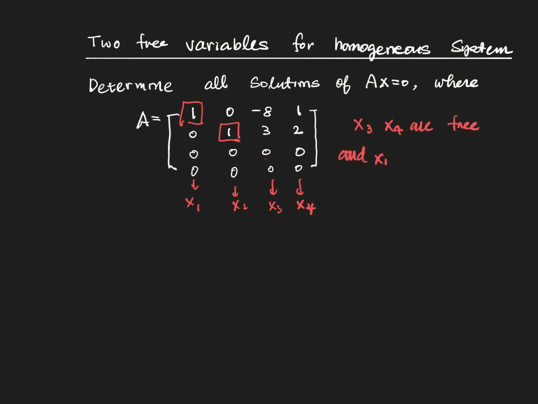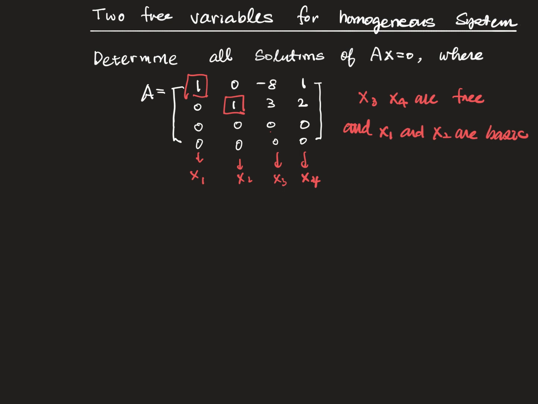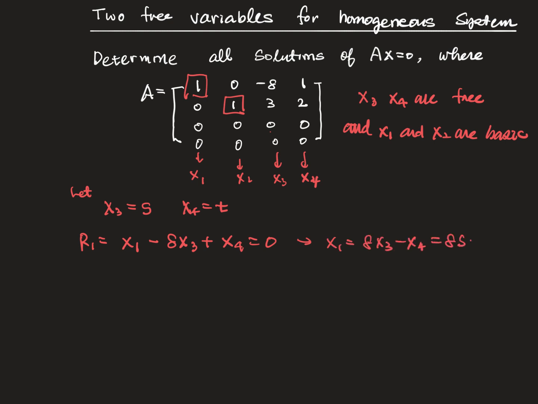Then x1 and x2 are the basic variables. Okay, that's your decision, guys. Let's say x3 is a free variable, I put s. x4 is a free variable, I put t, any real number. So for R1, x1 minus 8x3 plus x4 is 0 because the constant is always 0, guys. So you see x1 is 8x3 minus x4, which means 8s minus t.